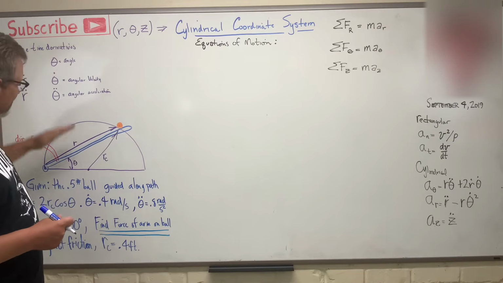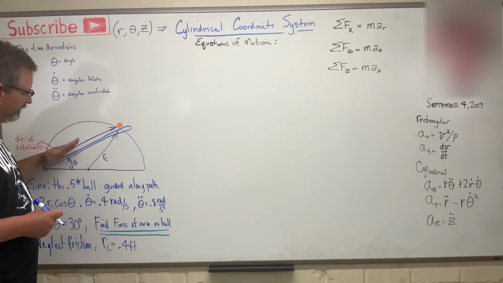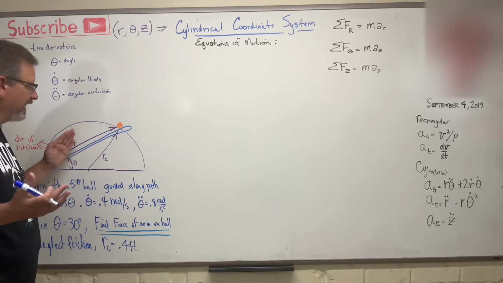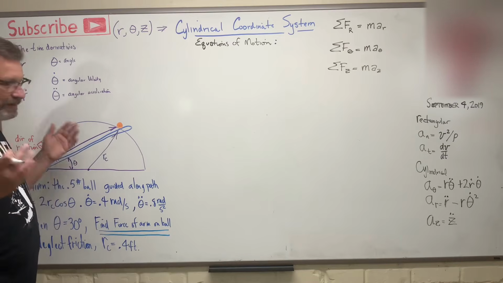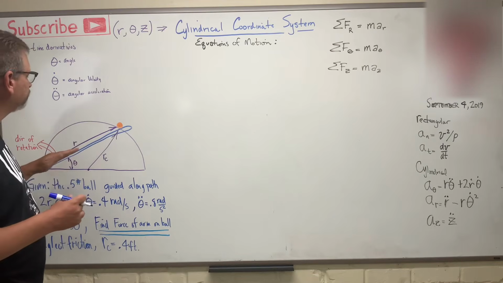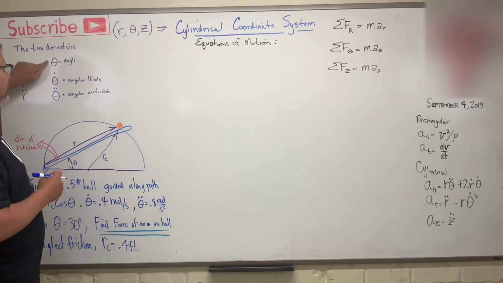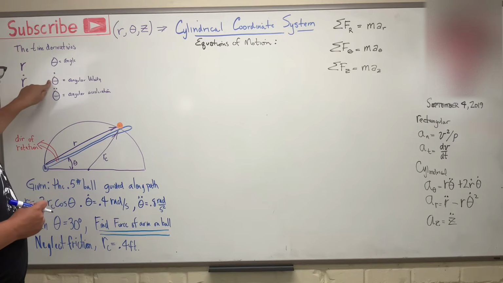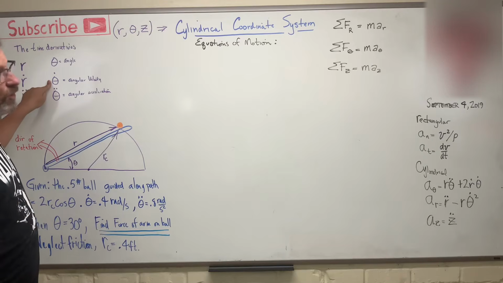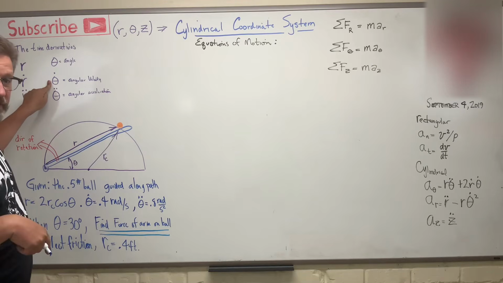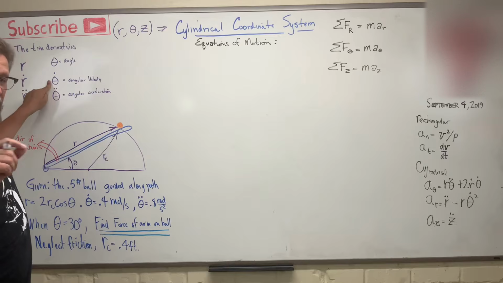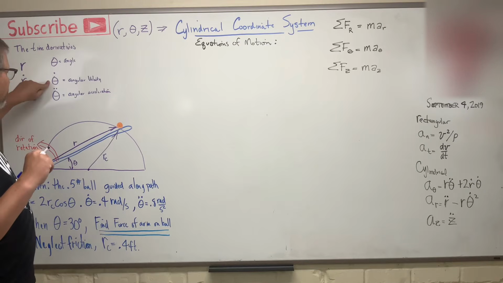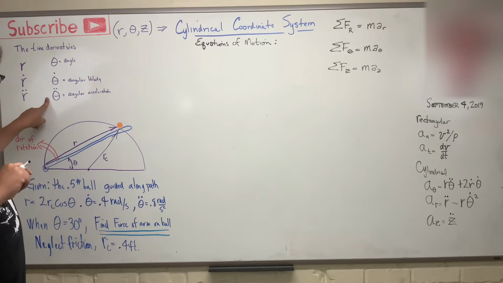But theta is the angle that this bar is at. It's the angle at which it's located. It's just going to be like 30 degrees or whatever it is. So this theta is an angle, and if you take the derivative of that angle, you get an angular velocity. You have to go all the way back to the first videos to talk about the derivatives and how the derivative of position is velocity, and the derivative of that is acceleration.